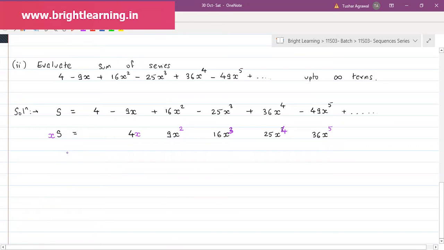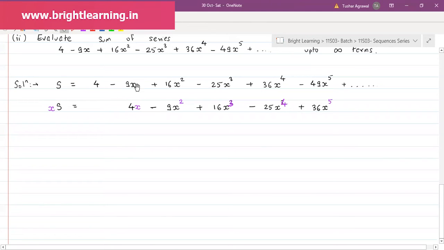Yes or no? 4x minus 9x square plus 16x cube minus 25x to the power 4 plus 36.